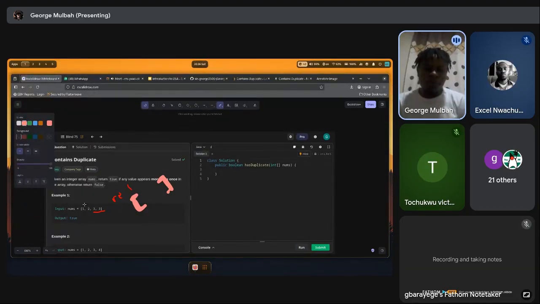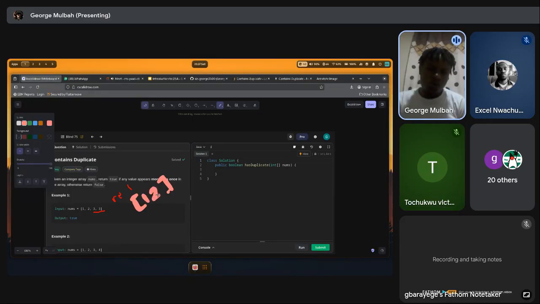The first way is, we take 1 and place it in the set, and then when we come to the next number, we ask, does 2 exist in this set? Let me start back. We ask ourselves, does 1 exist in this set? No, we put 1 there. Does 2 exist in this set?